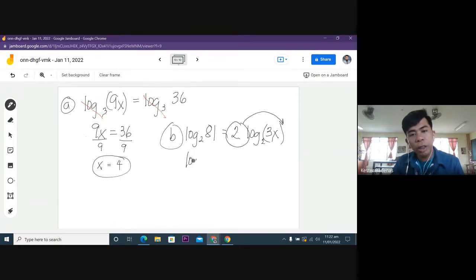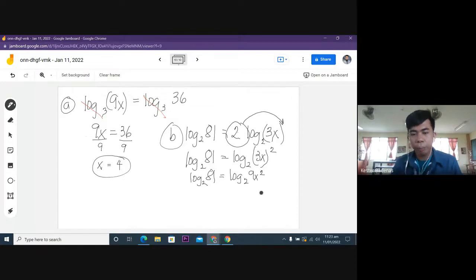So, we have logarithm of 81 with the base 2 is equal to logarithm of 3x raised to 2 with the base 2. So, simplify nyo muna to. Logarithm of 81 with the base 2 is equal to logarithm of 9x squared with the base 2. Ayan siya. And then cancel. Diba? So, ano natira? 81 is equal to 9x squared.